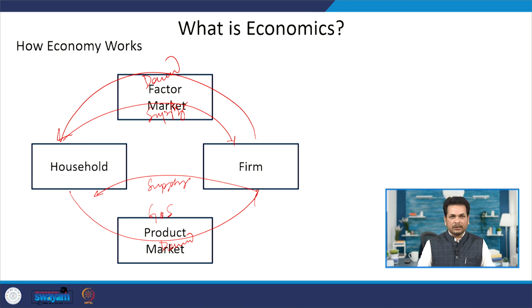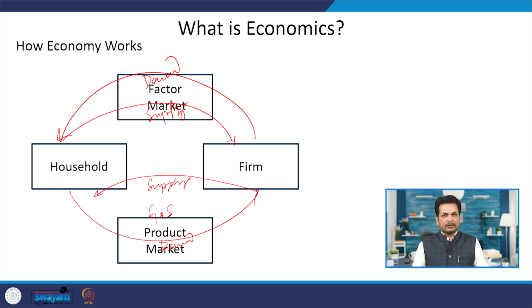To produce these goods and services, the farms demand certain factors of production. These factors of production can be classified into four broad categories: land, labor, capital, technology, and each of these factors has its unique features and its own market.